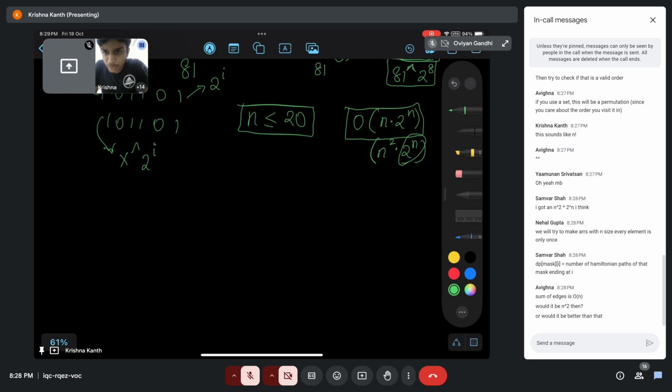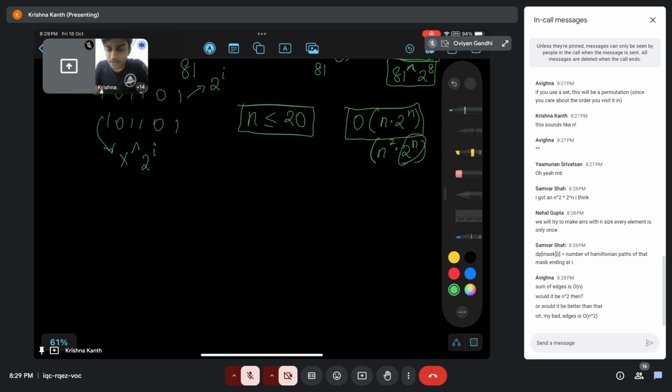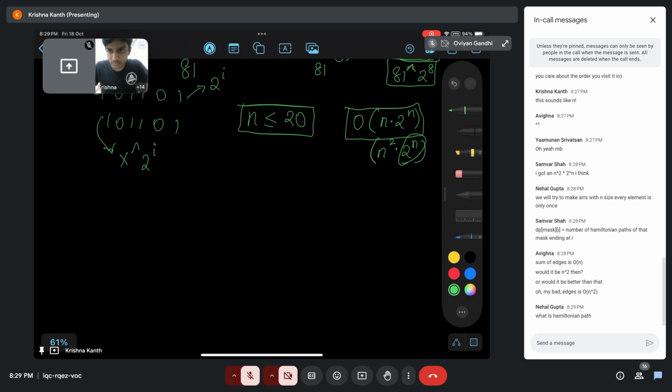Yeah, the transition would be n, so it's n. If you don't know what a Hamiltonian path is, it's not relevant here. I don't think you need it.